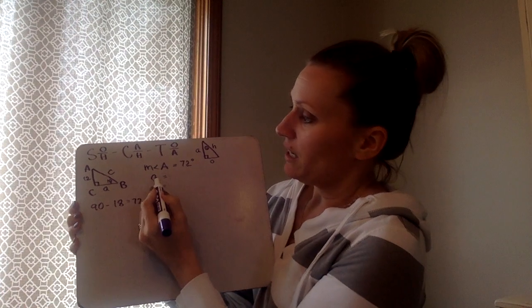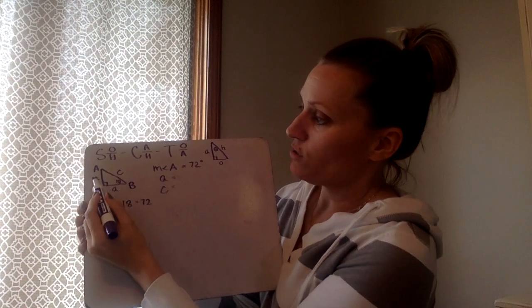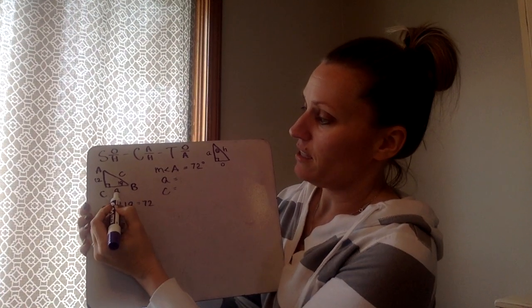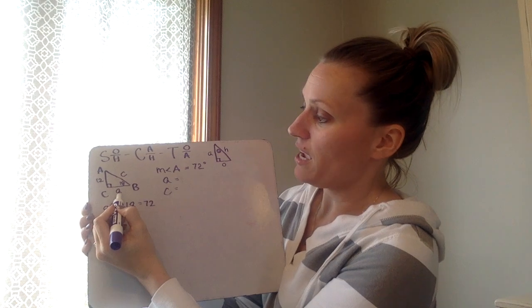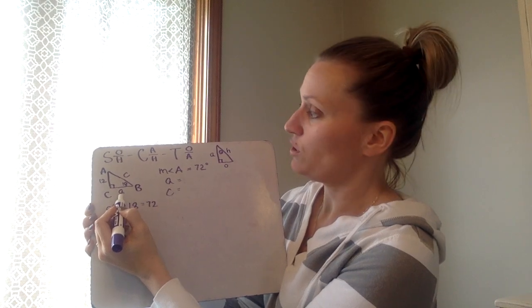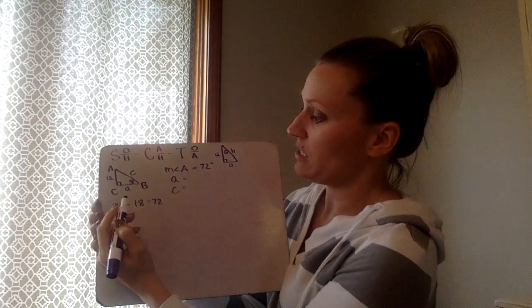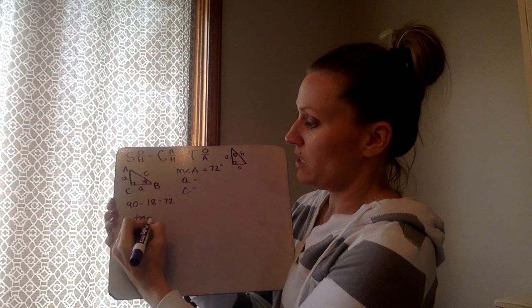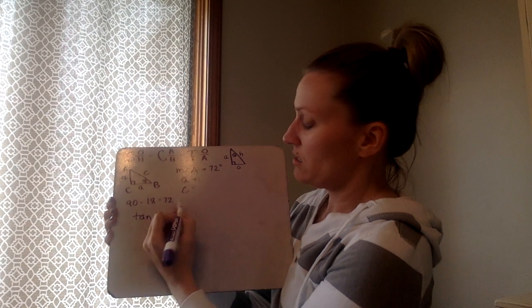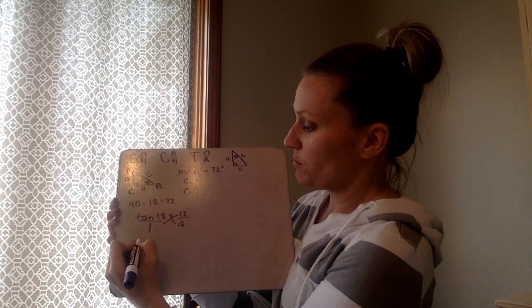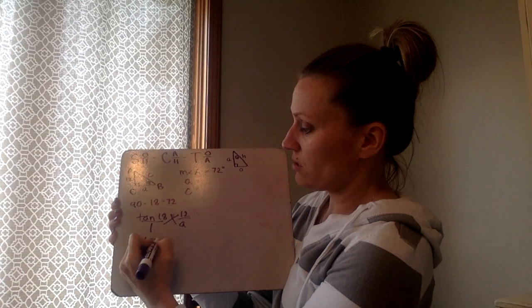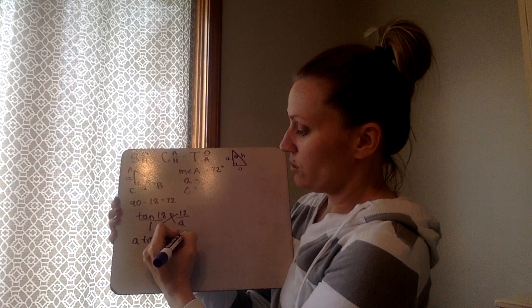Now let's find side length A. I'm going to use the 12 and I need the A. If I use 18, opposite of 18 is 12, and A is adjacent to our 18, which means opposite and adjacent is tangent. So you're going to have the tangent of 18 is equal to 12 over A. When I cross multiply, I get A tangent of 18 is equal to 12.